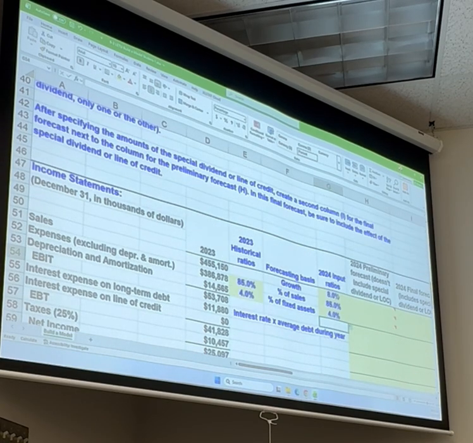All right, so we can then use this to get our preliminary forecast, right? We're just going to put here sales times 1 plus the growth rate.